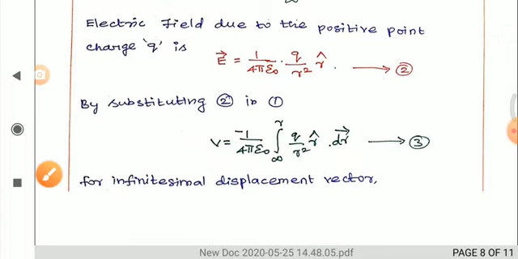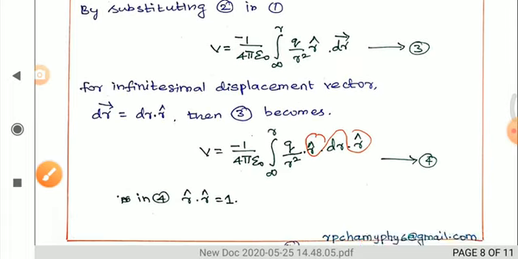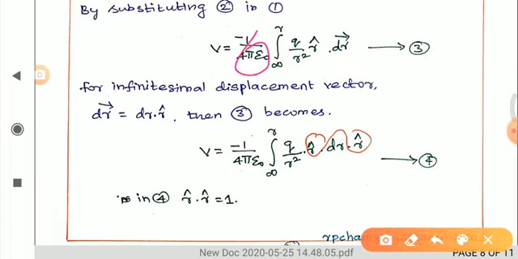Right. Now in this third equation, we have to understand that this K value is a constant. Then Q is the source charge, it is also constant, so it can be taken out. Then what will be remaining? Here we have to understand that R cap is there, then dr vector is there.